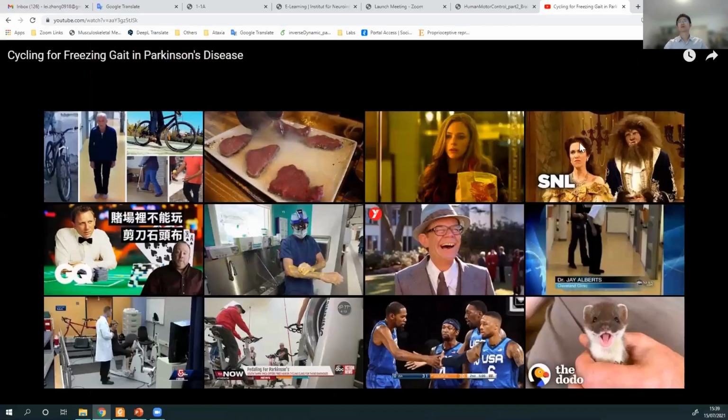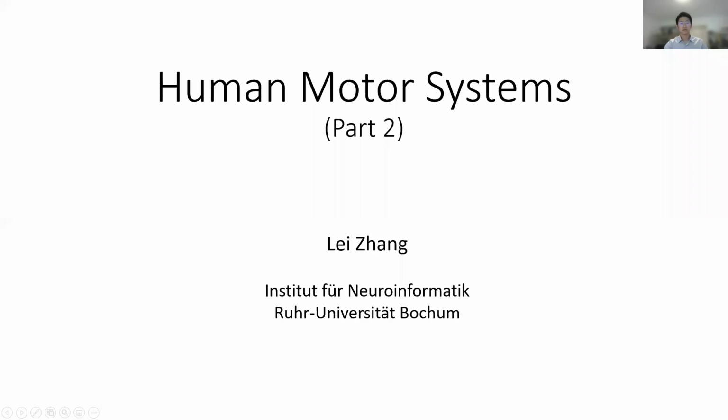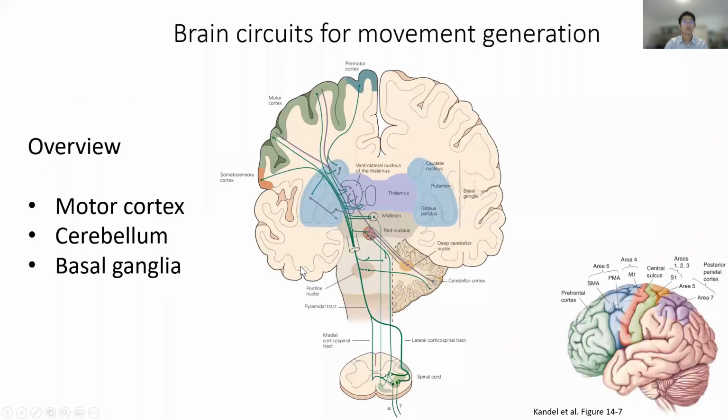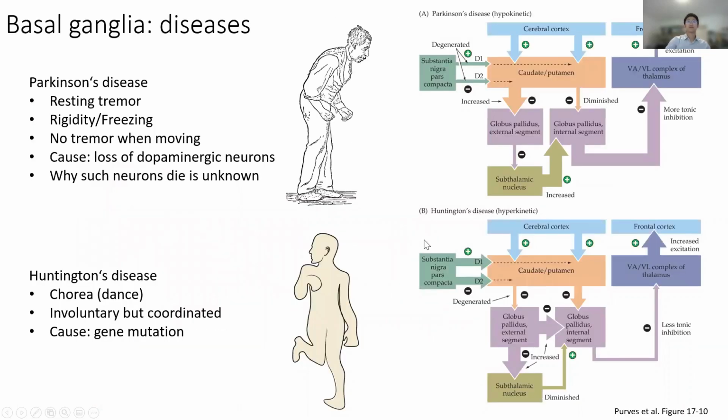Okay, so let's come back to the slides. These patients, once they voluntarily initiate movement, freeze. But once the experimenter helps to push him and he can do this cycling, it seems that the cycling movement is more reflex-based.